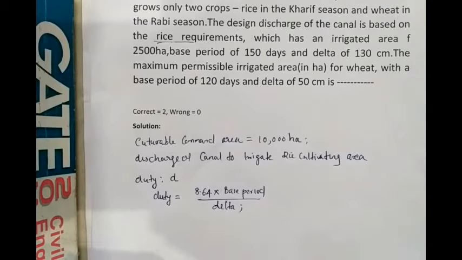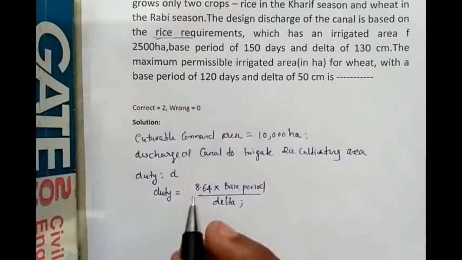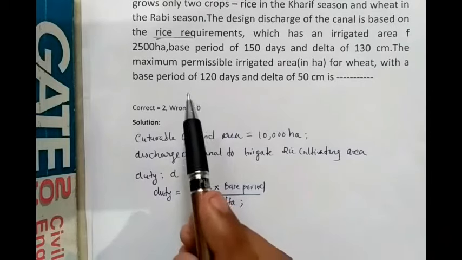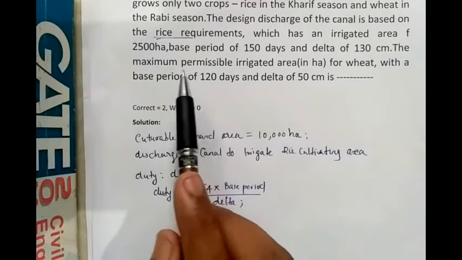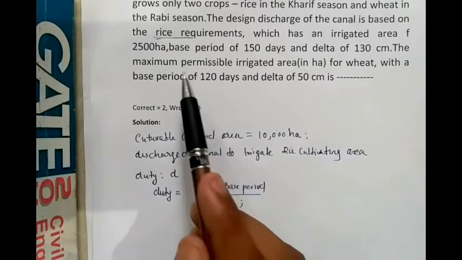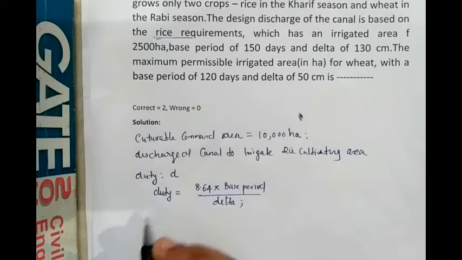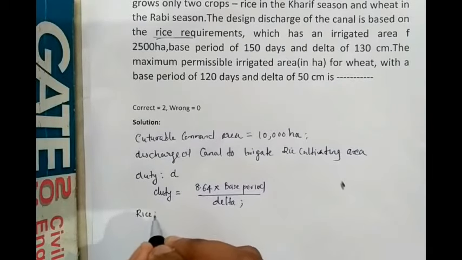Here we have to calculate the duty of that irrigation canal to irrigate 2500 hectares of rice having a base period of 150 days and delta of 130 centimeter.